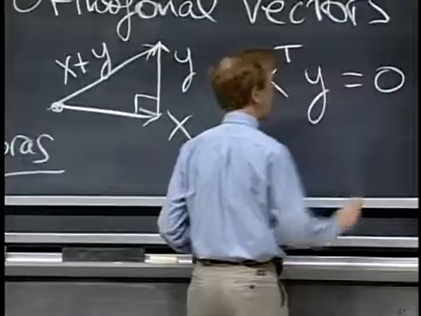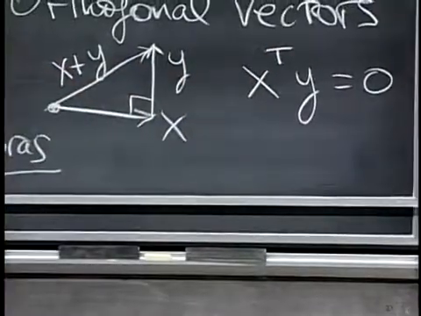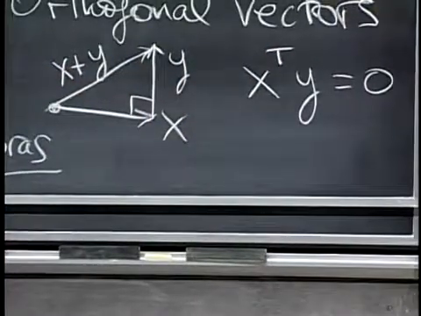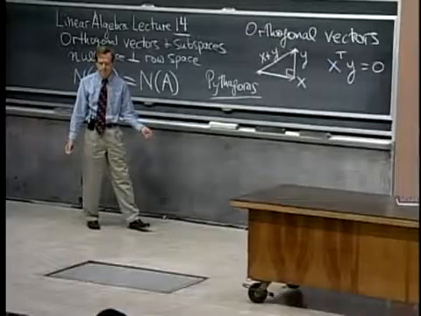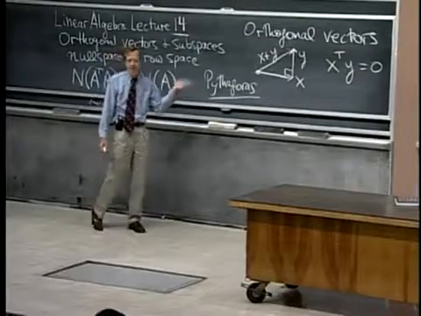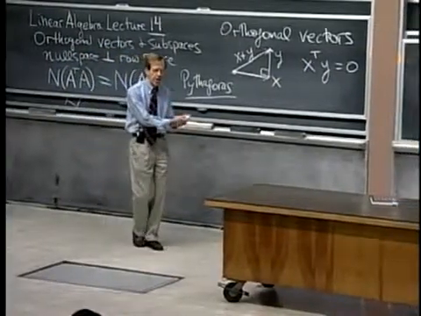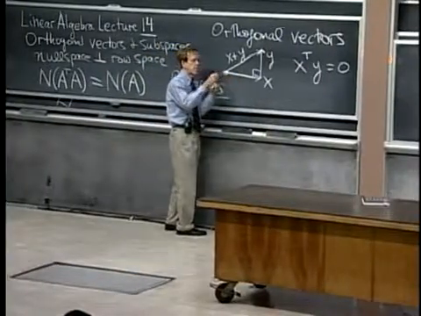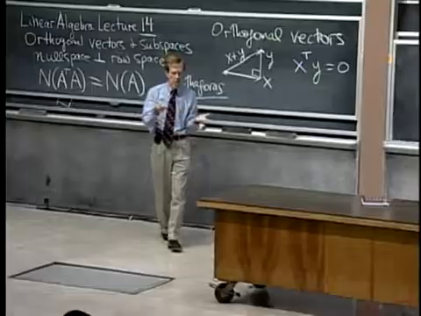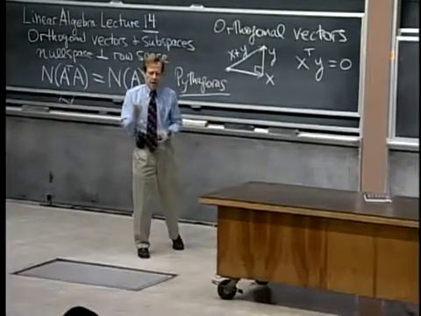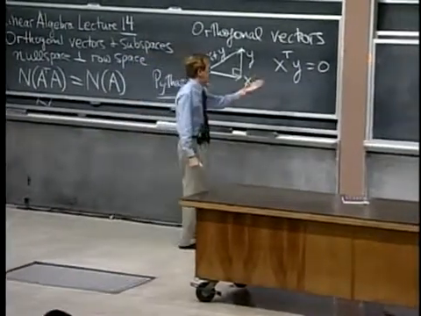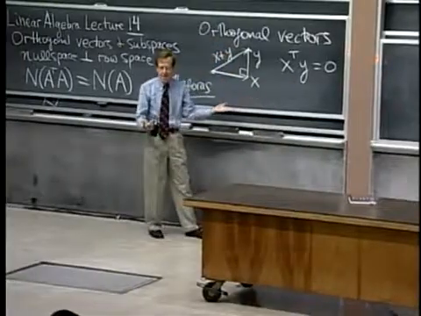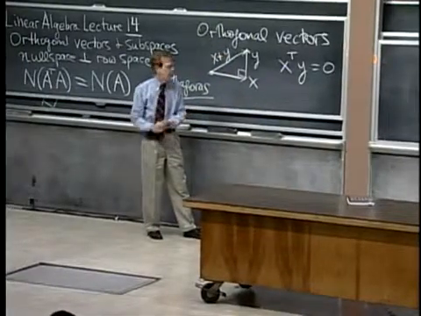That's the test. Okay. Can I connect that to other things? It's amazing, it's just beautiful that here we're in n dimensions. We've got a couple of vectors. We want to know the angle between them. And the right thing to look at is the simplest thing that you could imagine, the dot product.